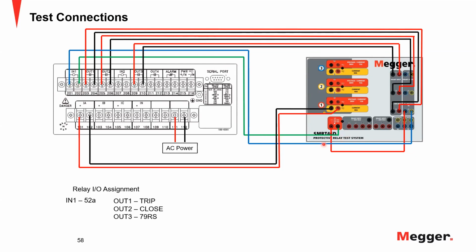The idea here is you're just needing a switched DC system right here. Every time input 1 is energized with 125 DC, the relay recognizes that as a 52A closure. If that DC is removed, then it recognizes it as a 52A open. I hope that explains your answer.